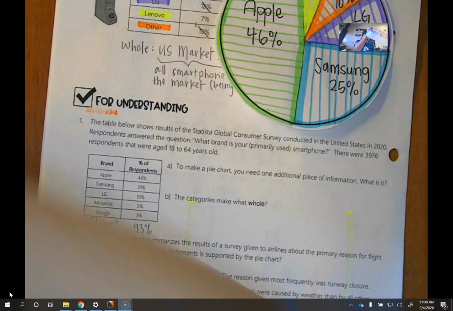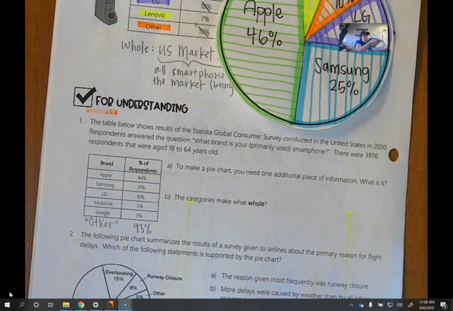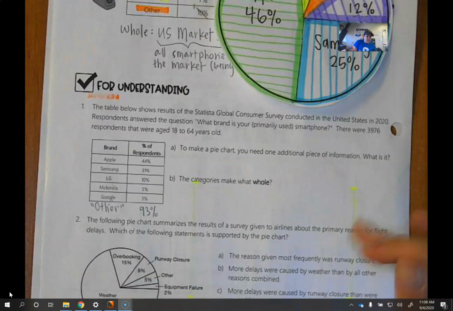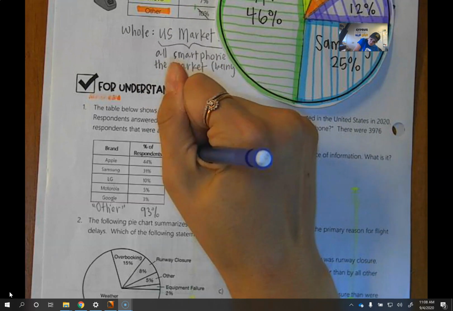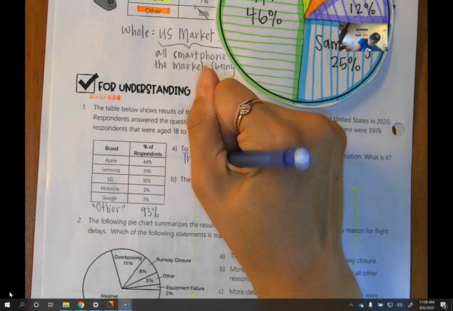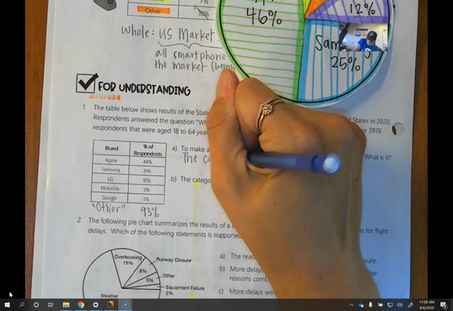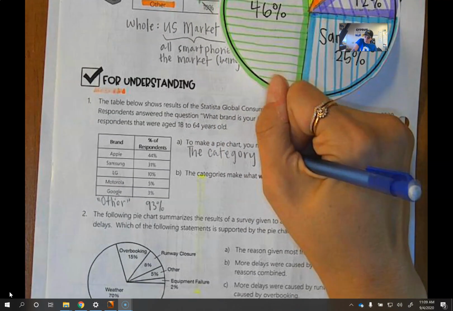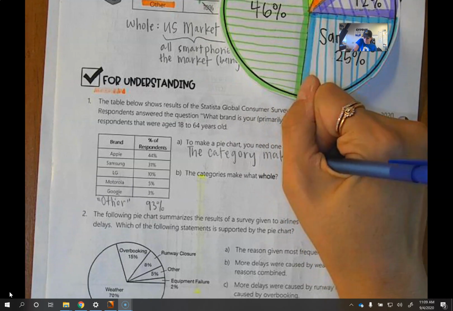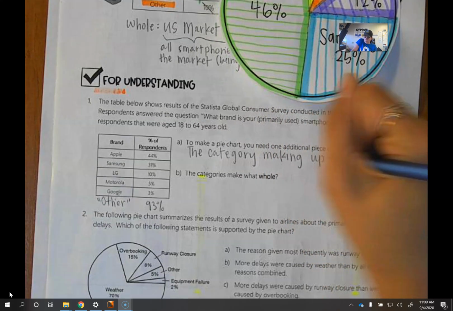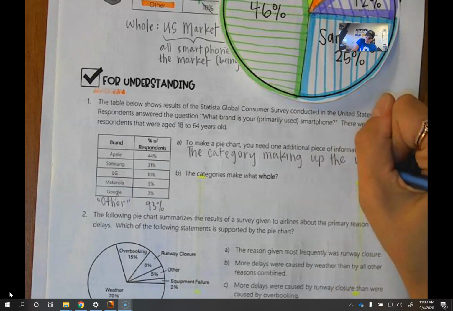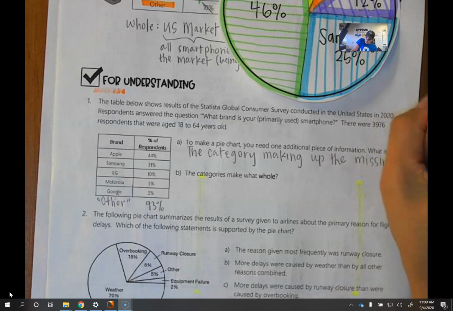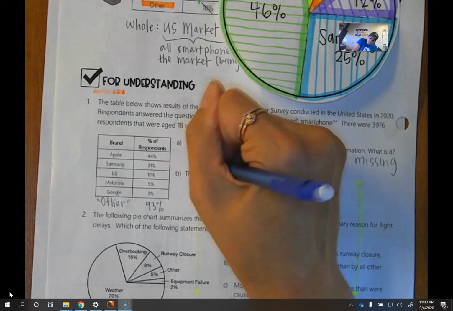So our response to this question is the category making up the missing 7%.